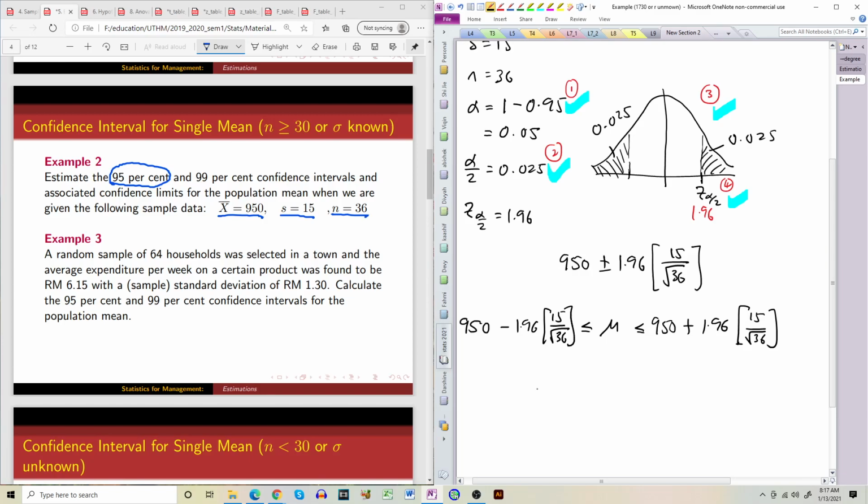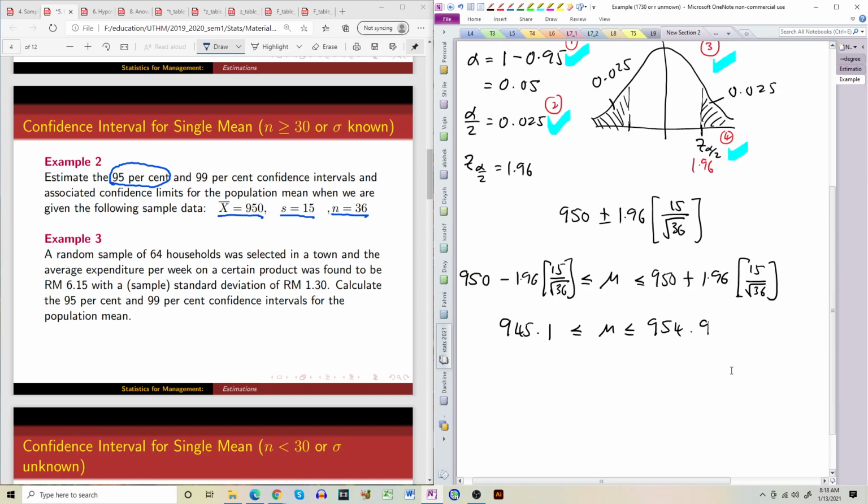And if you compute, you should get this is the answer you get.